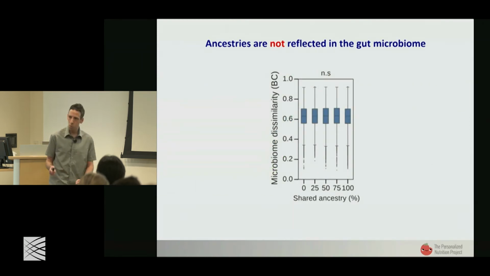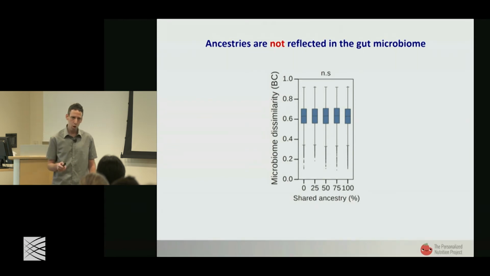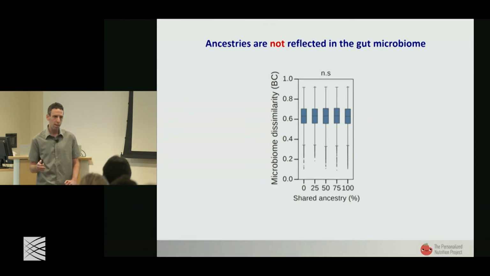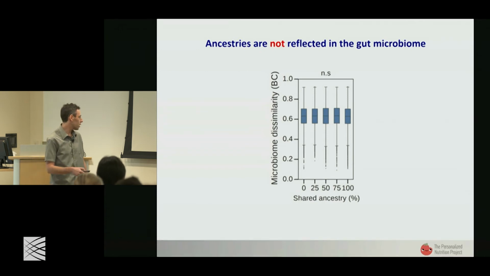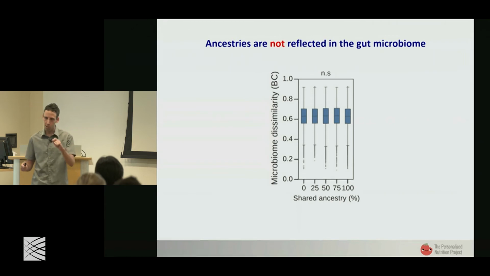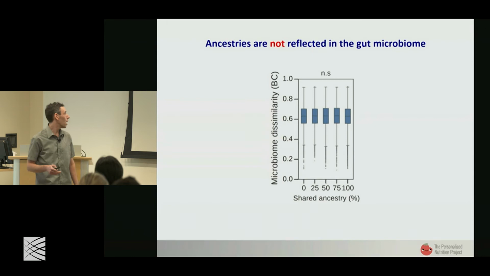For every individual, we had the country of birth of each of their grandparents. And so we could compute the fraction of shared ancestry between every pair of individuals according to the number of grandparents from the same ancestry. What you can see here are box plots where we took all possible pairs of individuals and computed the microbiome dissimilarity between them, which is a popular measure in microbiome research and in statistical ecology.